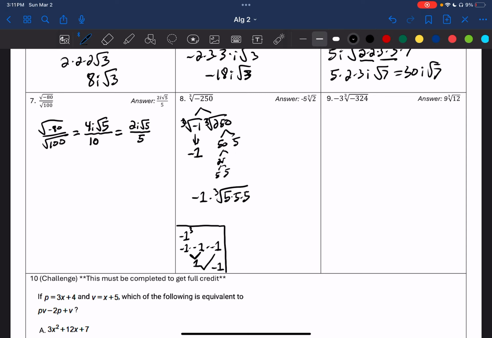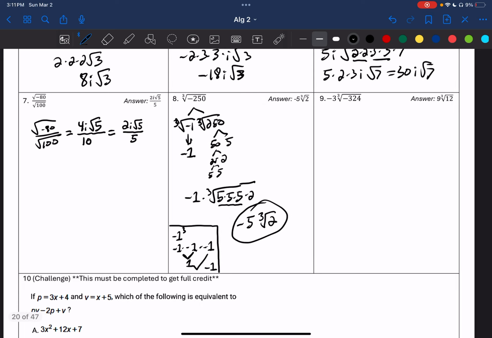That shouldn't be 25 and 5, that should be 25 and 2 times 2. Now our index is 3, so we're looking for a full set of 3. We see that we have three 5s, and so our final answer is going to be -5, right? -1 times the 5 that we pull out, times the cube root of 2. Notice how there is no i in that answer, because it is an odd radical.